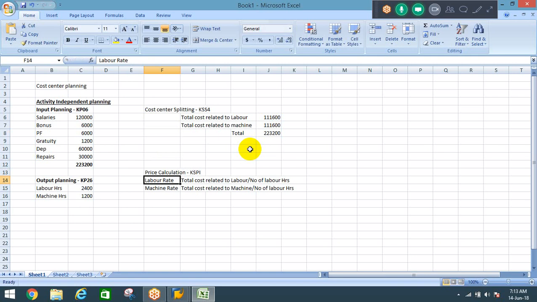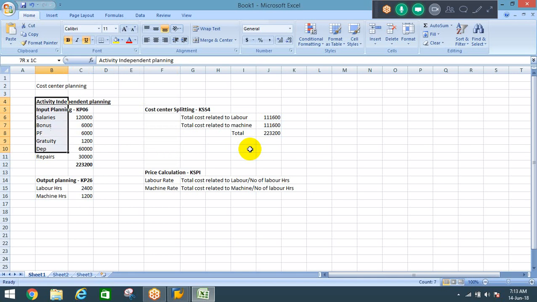Any doubts? So first we did this. Now dependent planning.